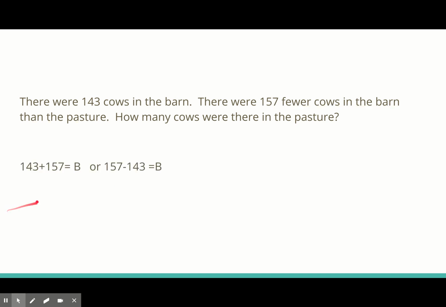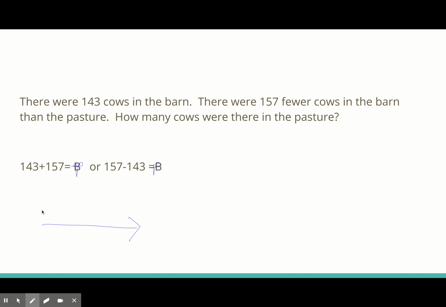So which one of these is going to tell us our answer? Is it going to be 143 plus 157 equals P, or 157 minus 143 equals P? So we're thinking about our fact family, right?